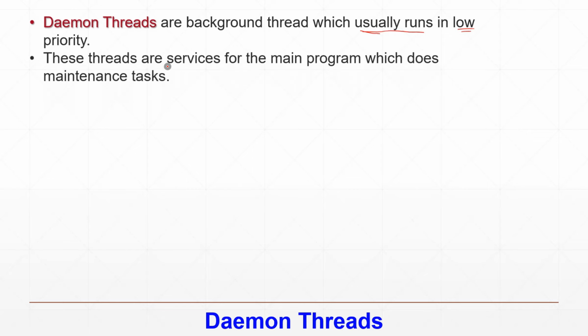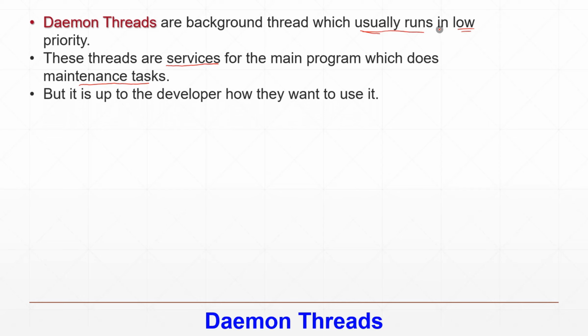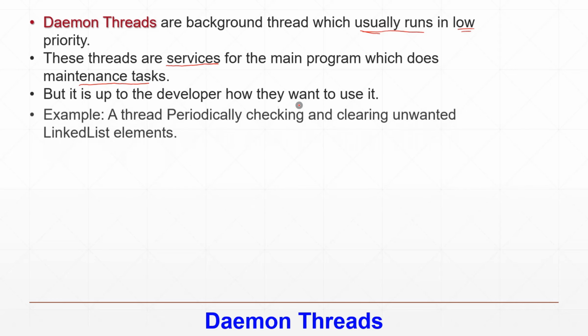These threads are simply called services for the main program which does maintenance tasks. So a daemon thread will do the maintenance task and it will run in low priority. So here we are talking about maintenance tasks, or it provides a service to the main program, but it's up to the developer how they want to use the daemon threads.